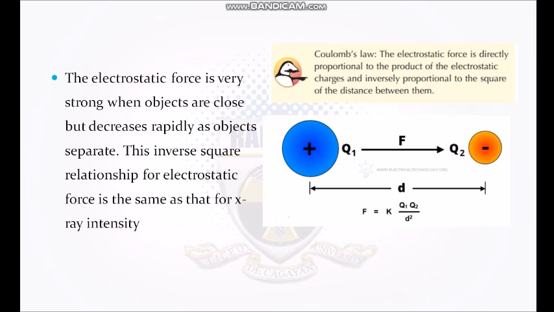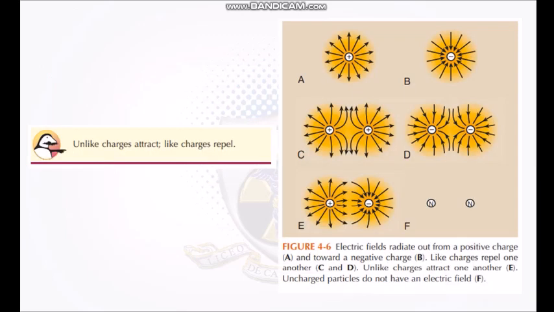Similar also to a magnet, there are like poles and unlike poles. When you try to place both north poles together, they will repel each other because they are like poles.